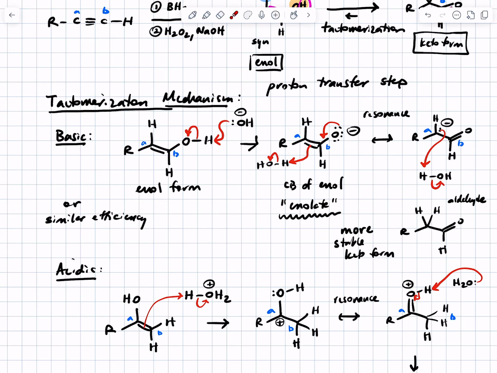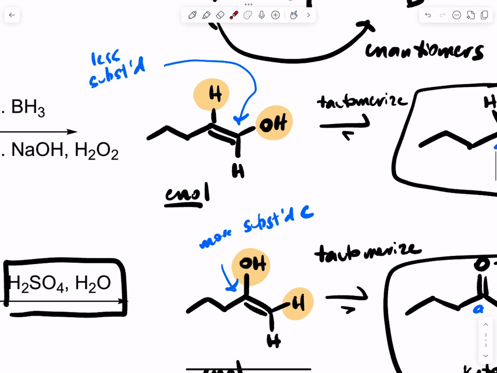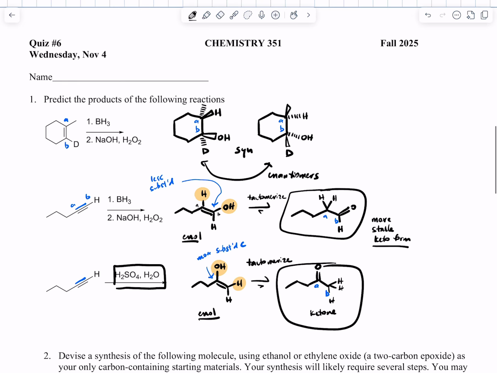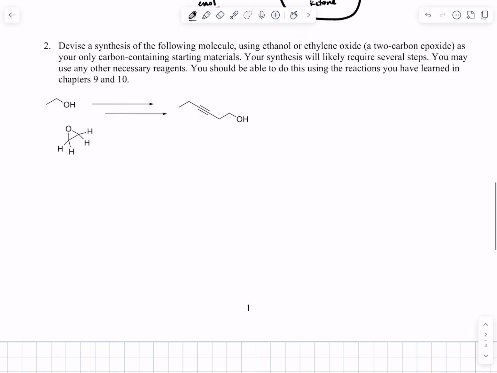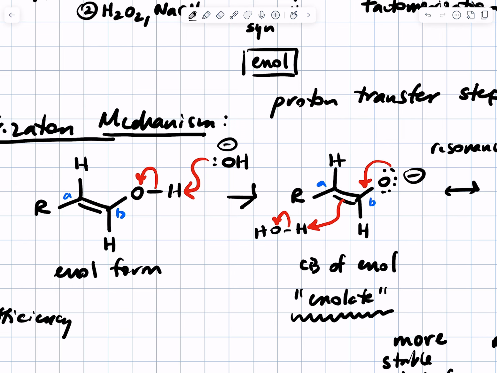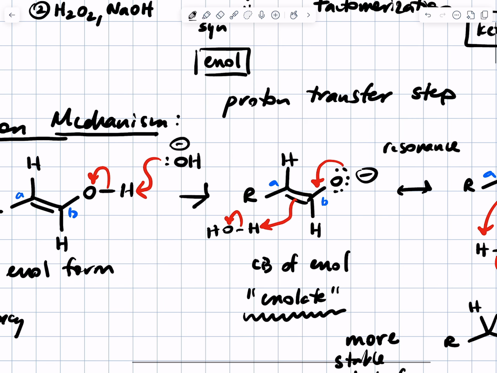Why is it that B gets the proton? In the mechanism, it shows first that the lone pair on that oxygen is forming the double bond, and then it acquires that proton.